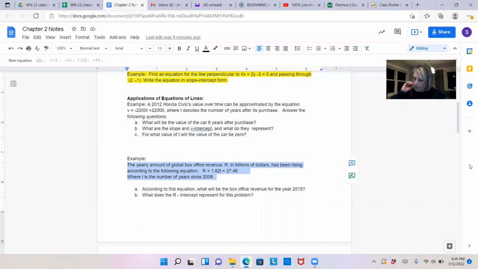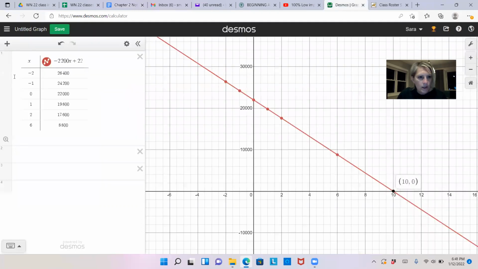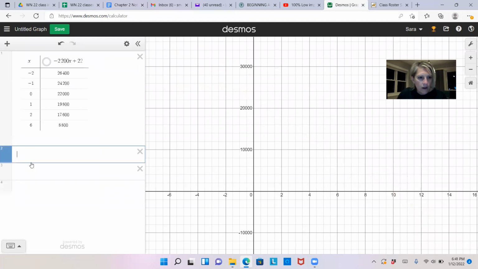So we have to keep that in mind, years since 2008. It says, according to this equation, what will be the box office revenue for the year 2015? And what does the R-intercept represent for this problem? So again, I'm going to go to Desmos. I'm going to turn this graph off, and type in the equation that they gave us. So instead of R, I'm going to use Y equals 1.82 X instead of T, just for graphing purposes.